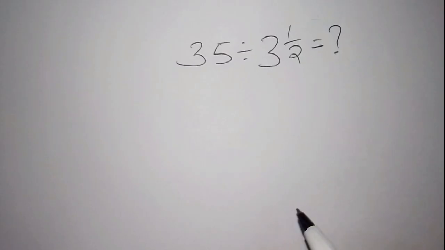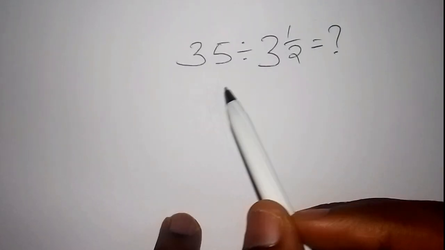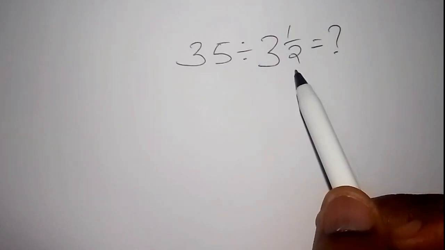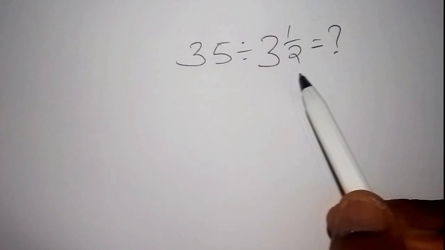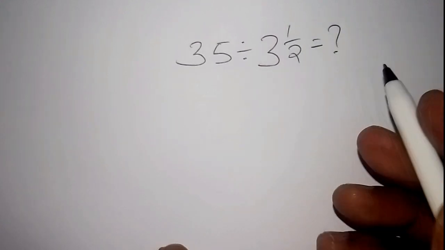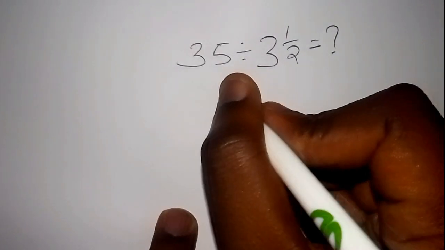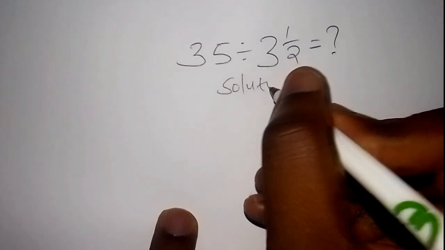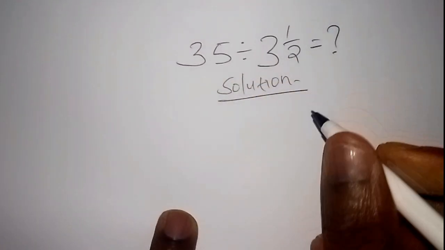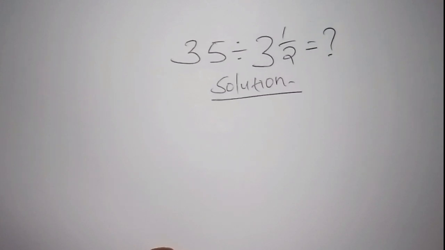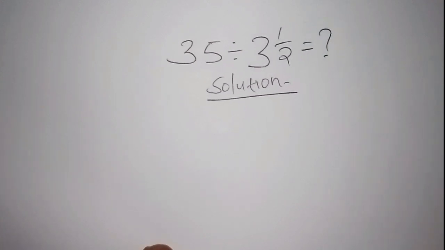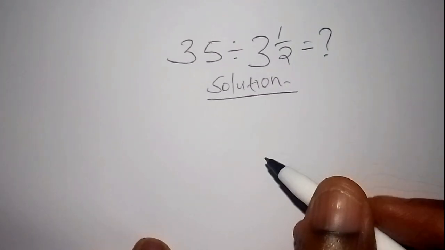So let's now proceed to the next. Now we have 35 divided by 3.5. This one is a whole number with what is called a mixed fraction. When we want to work out the solution, we must change the mixed fraction into an improper fraction.